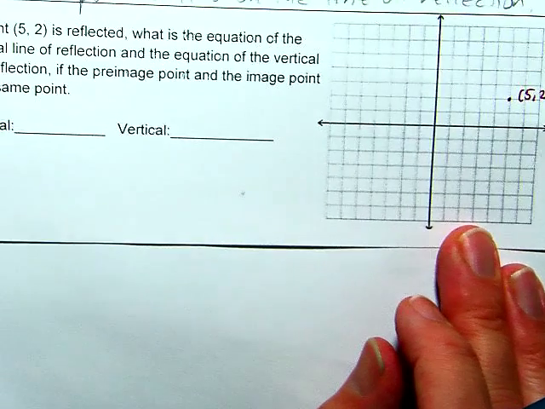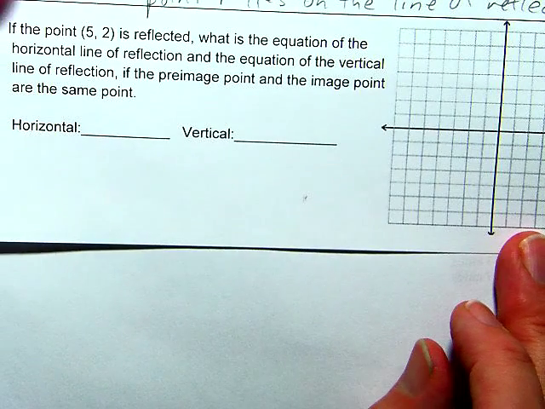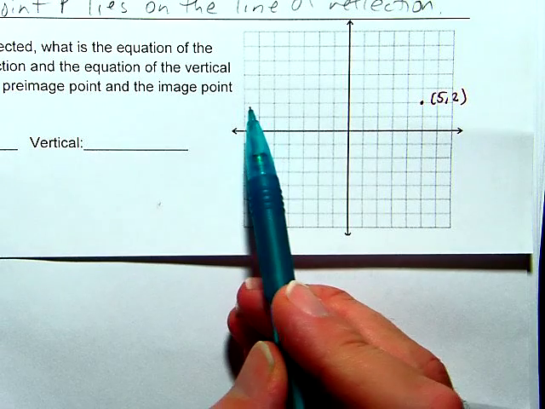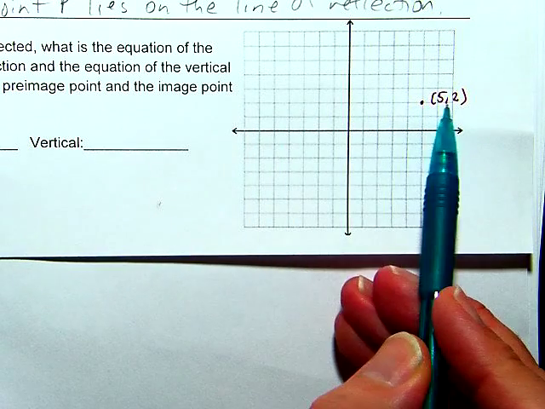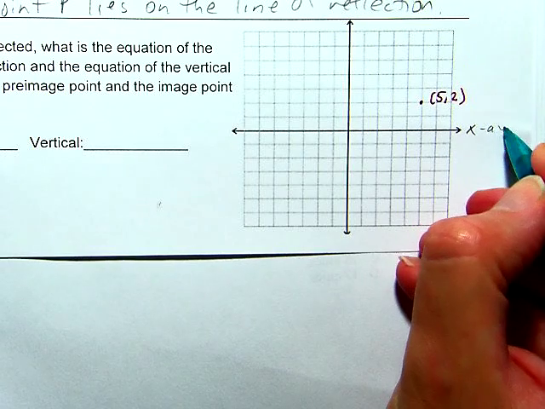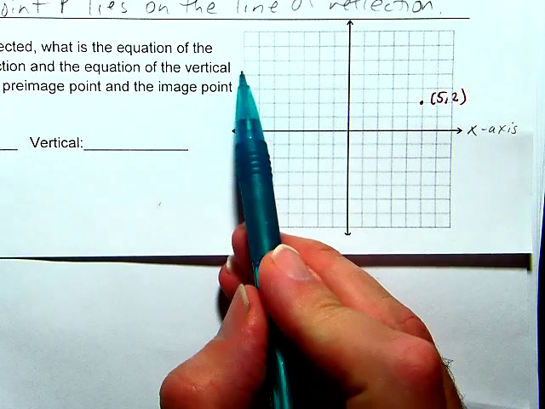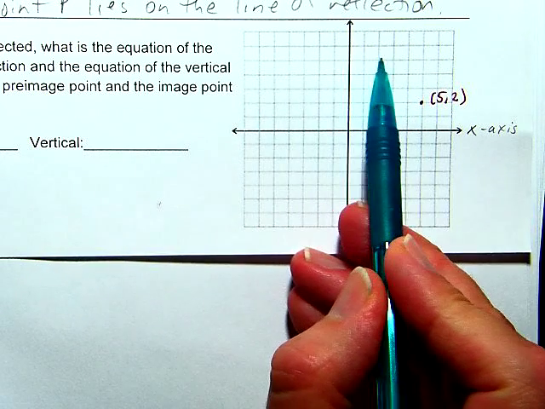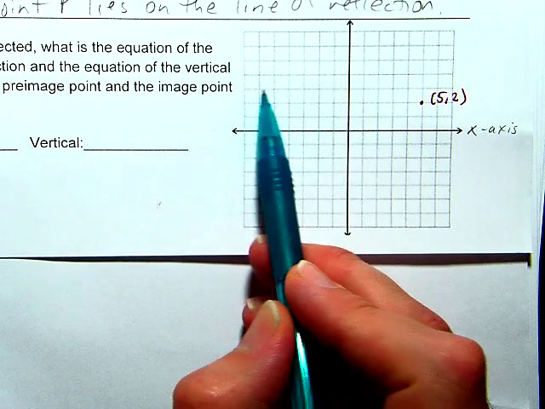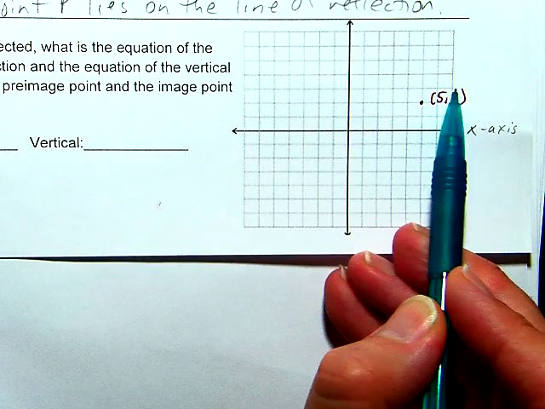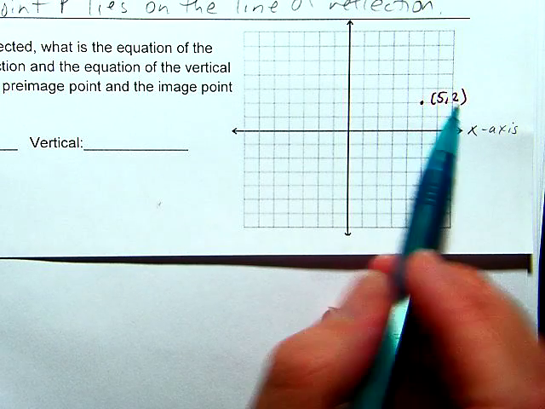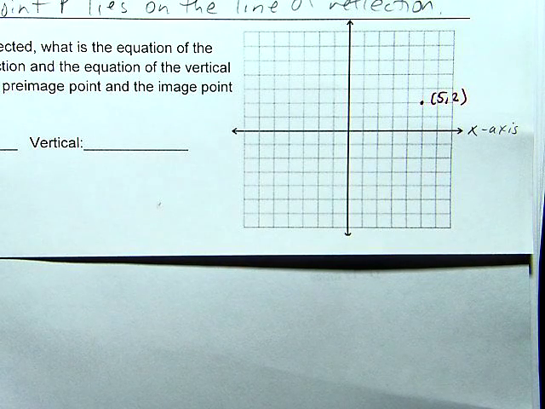Let's start with the horizontal line of reflection. Okay, a horizontal line is like a horizon. It's a line that goes from left to right, parallel to the x-axis. This is our x-axis. So every one of these lines is a horizontal line. But we have to figure out of all these horizontal lines, which one is the line of reflection that keeps the pre-image and the image points the same.